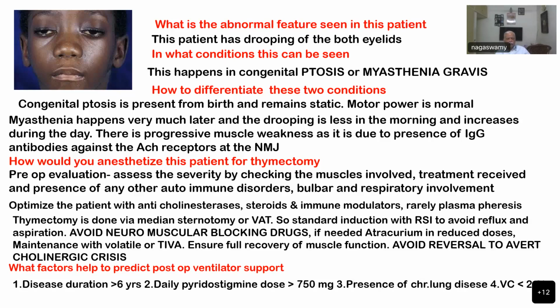If they have been diagnosed with the disease for more than 6 years, or if their daily pyridostigmine dose requirement is more than 750 mg, or if they have some underlying lung disease, as we mentioned, and if the vital capacity is less than 2.9, they may require elective ventilation post-operatively.